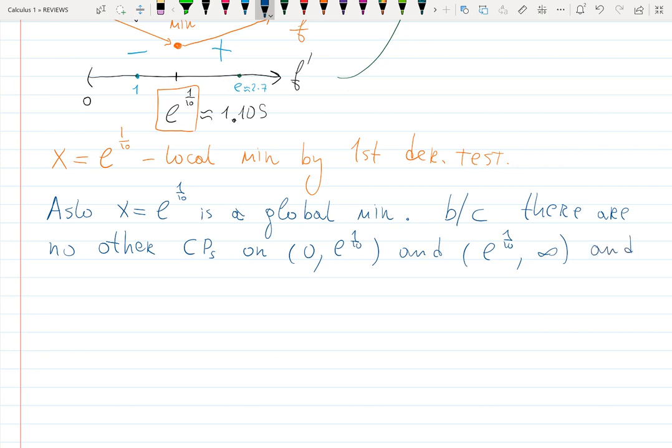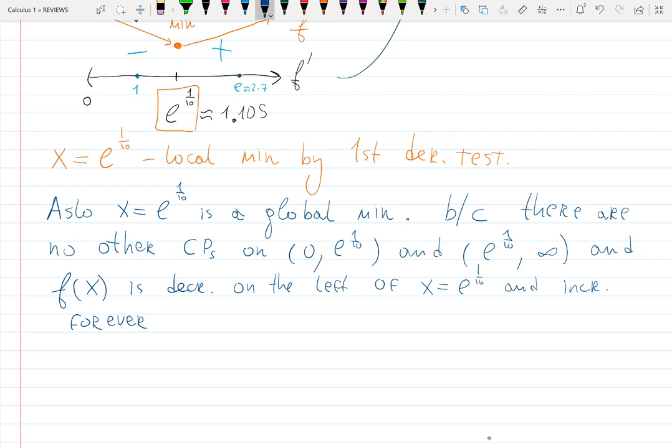And we also should include that the function f of x is decreasing on the left of x equals e to the 1/10, and then increasing, I would say even forever, on the right, from x equals e to the 1/10.